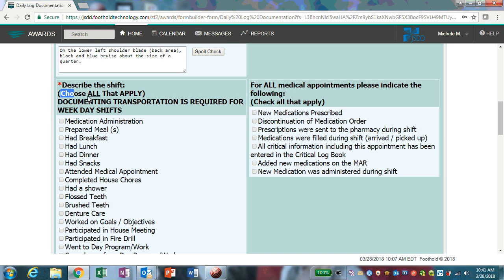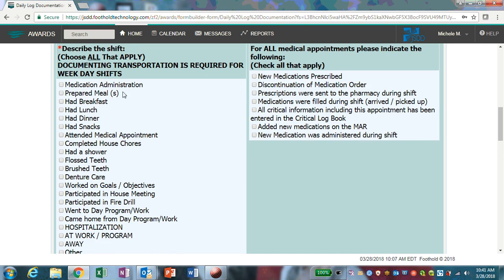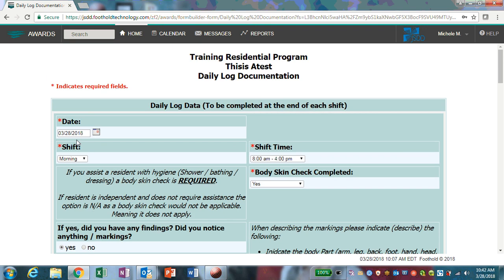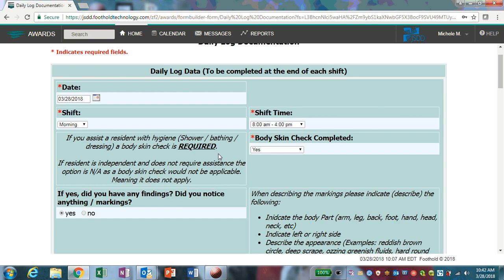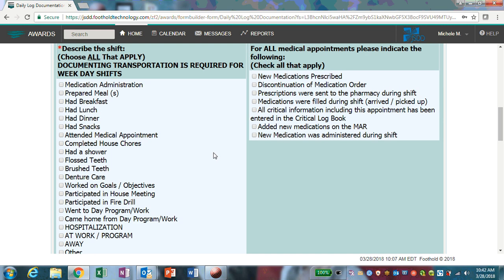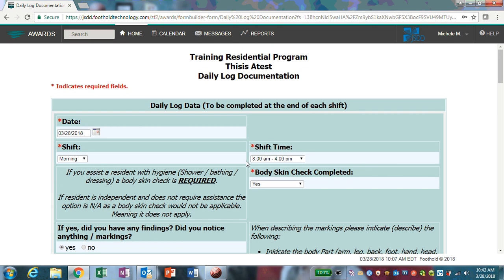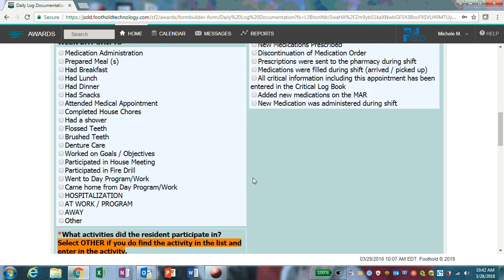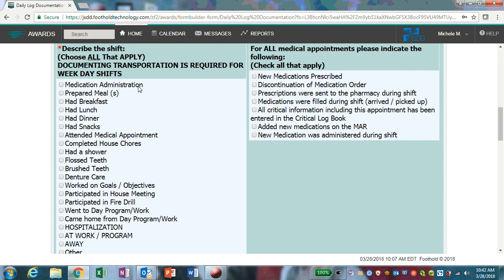Here you just choose all that apply. Medication administration, prepared meals, had breakfast. So again, I'm doing the morning shift. And let's say during the overnights did not do the medications because I came in at 8 a.m. and I'm doing the medication. Now, if the overnights already gave meds, I'm not writing meds again.